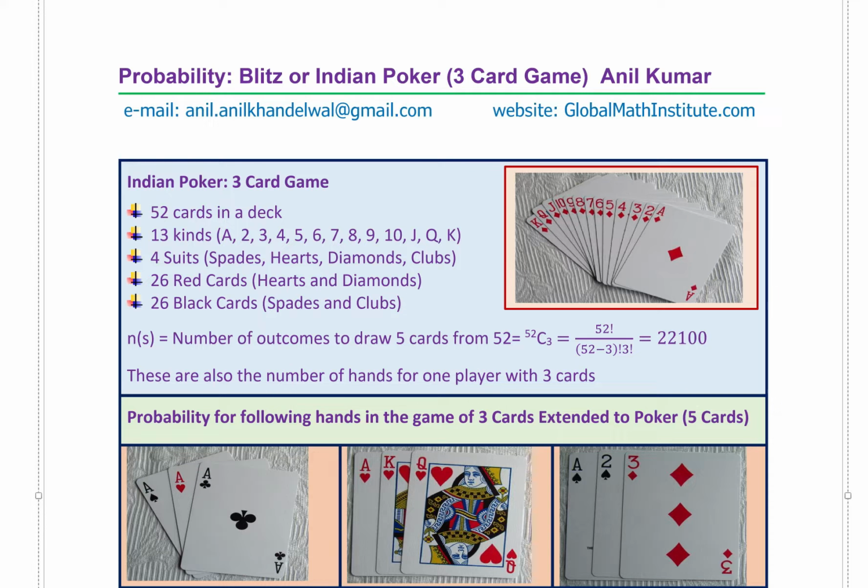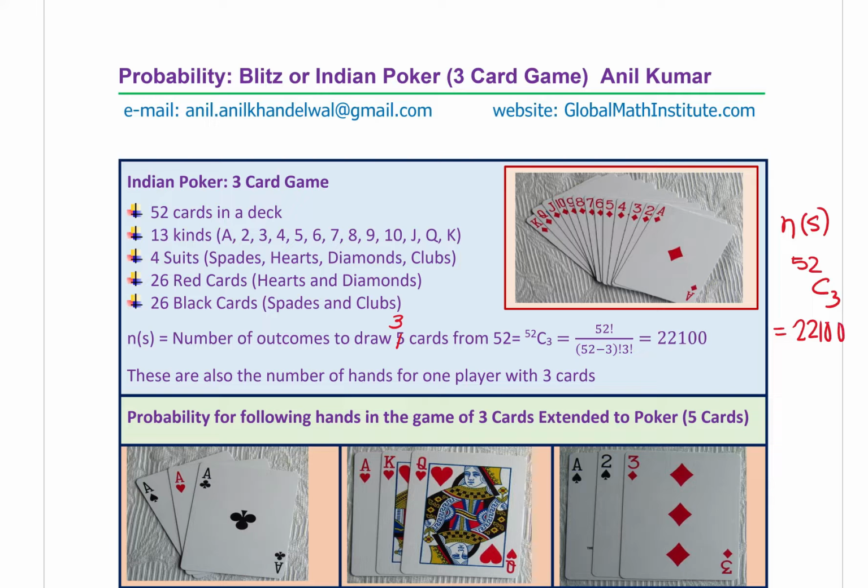So the sample space when we are distributing three cards each, in this case, will be to draw three cards from the 52, right? So it is 52C3. So 52C3 is going to be the sample space. When we find probability, we'll always divide by this particular number, which is 22,100.